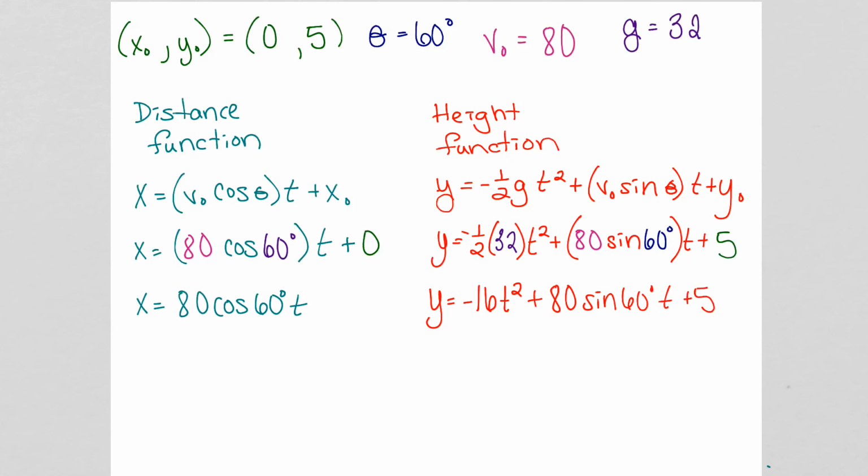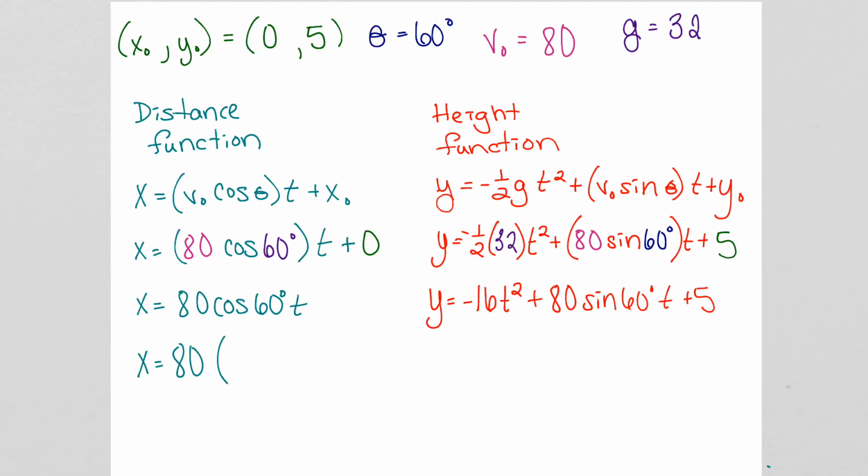Now we can leave these in terms of cosine and sine, or we could simplify them even further. Either way will suffice. It just depends on what the problem wants you to do.